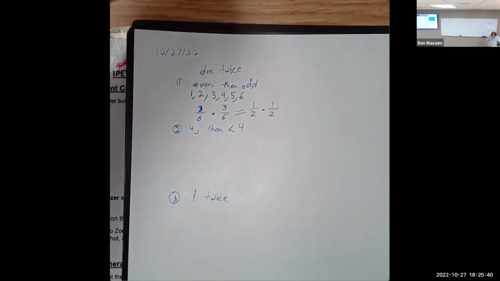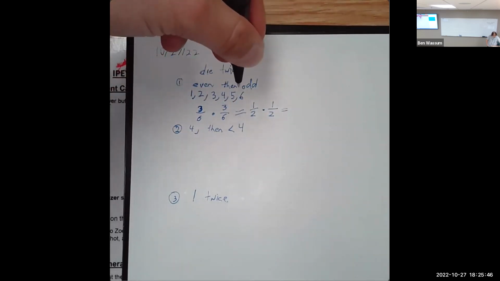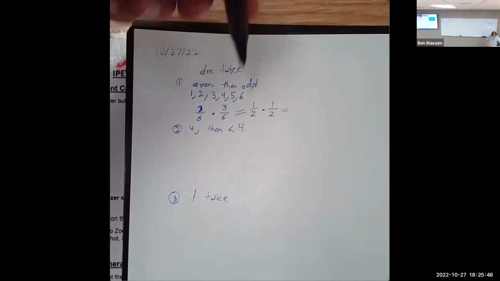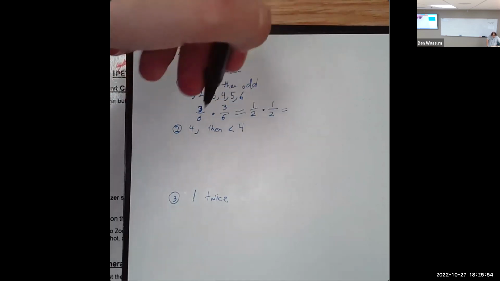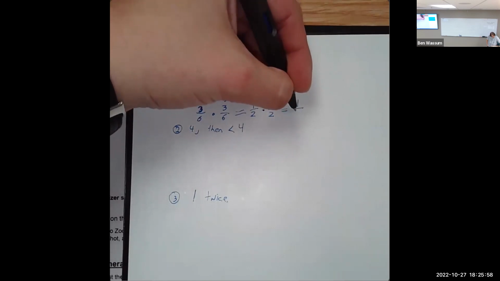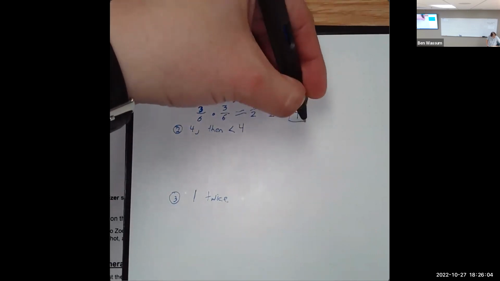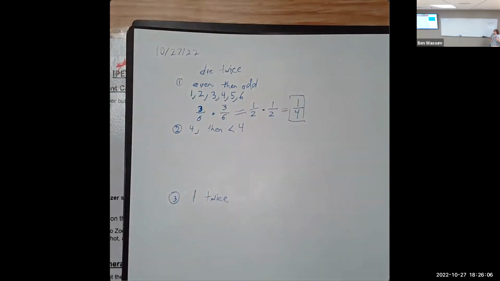I would much rather do 1 times 1 and 2 times 2 than 3 times 3 and 6 times 6. Multiply through, you get a 1/4, and we are happy.